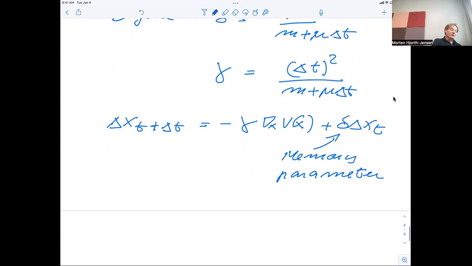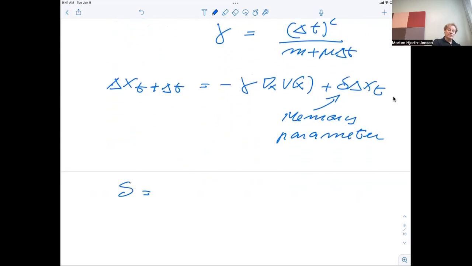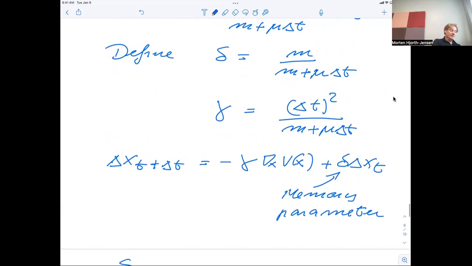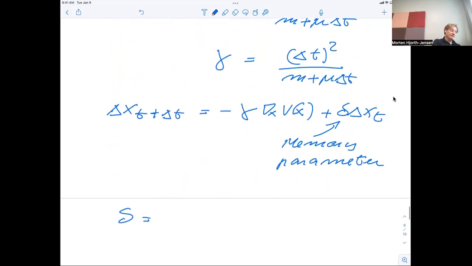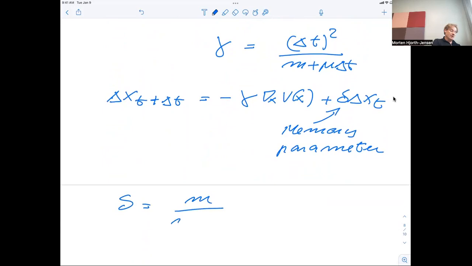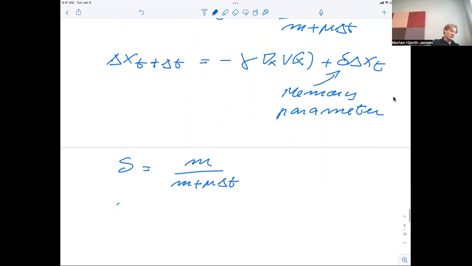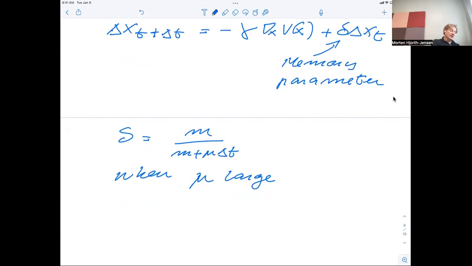Notice also that if you look at this term delta, which is given by m divided by m plus mu times delta t, when you now let mu become infinitely large, and mu is a positive quantity, keep that in mind, then delta is getting closer to m divided by mu of delta t.